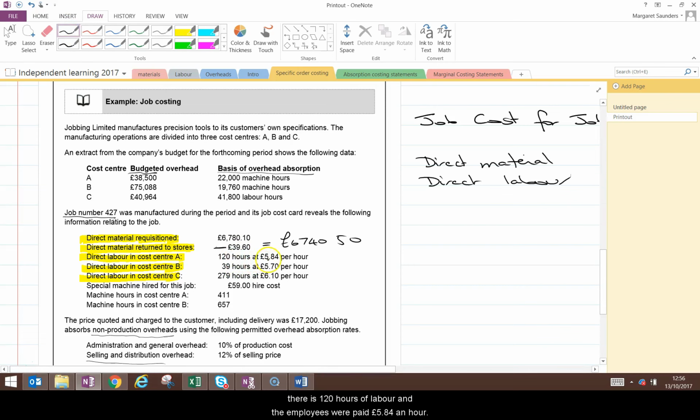So if we multiply that out, it comes to 700.80. Cost centre B, 39 times 570. And cost centre C, 279 times 610.